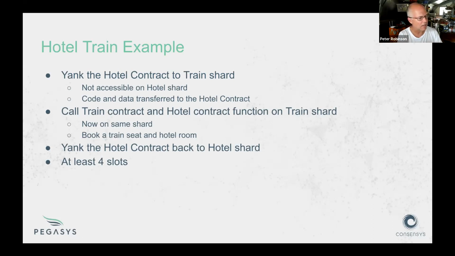And then the train and hotel contracts are now on the same shard. So you book your seat and your hotel room. And then you push the hotel contract, including the state, back over. When you're yanking a contract from one shard to another, you're effectively locking it, and you don't want to lock a whole hotel.